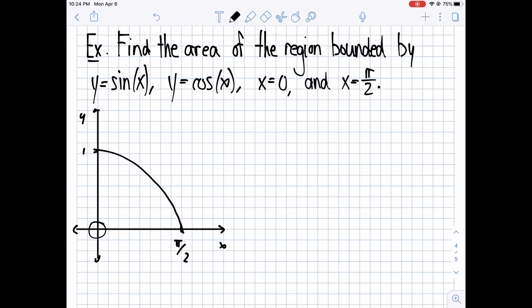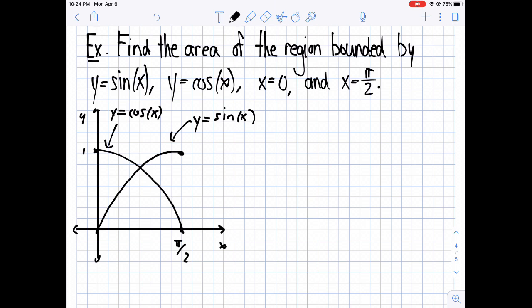Sine x is going to start here at the origin, and at pi over 2, it's going to be equal to 1. So it's going to pass through this point right here. Let's see if we can do this in a decent way. Maybe that's going to be our sine x function, and this is cos x.